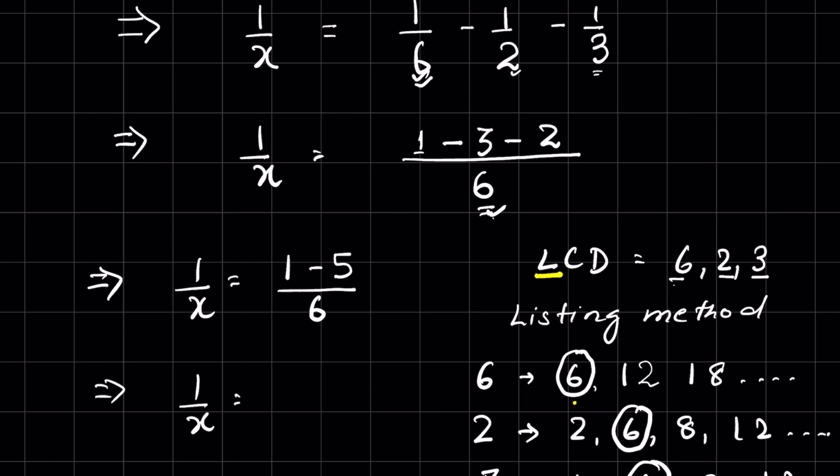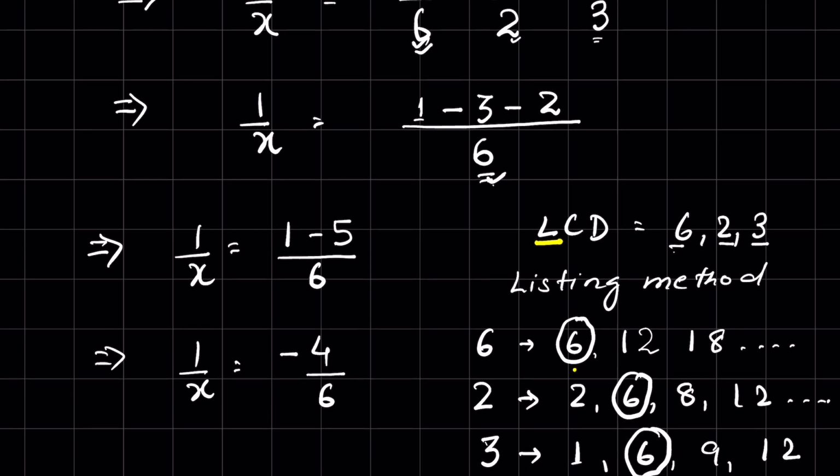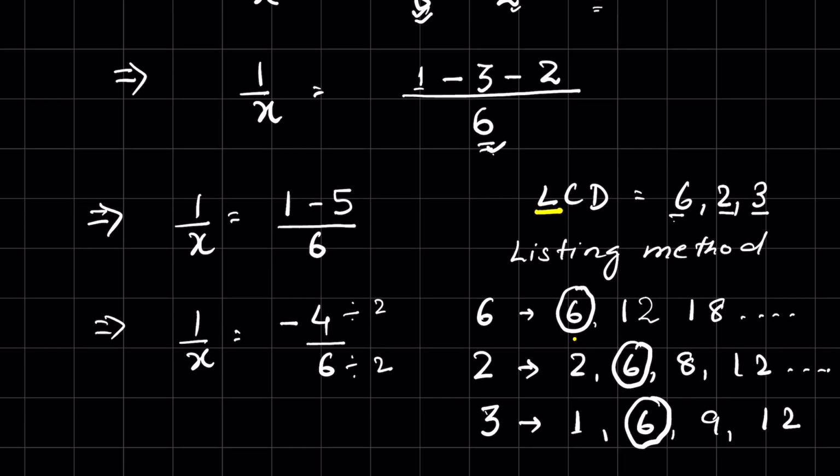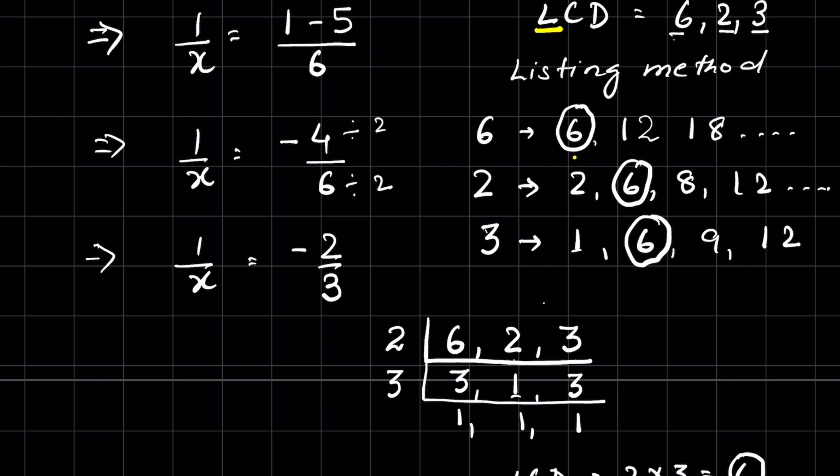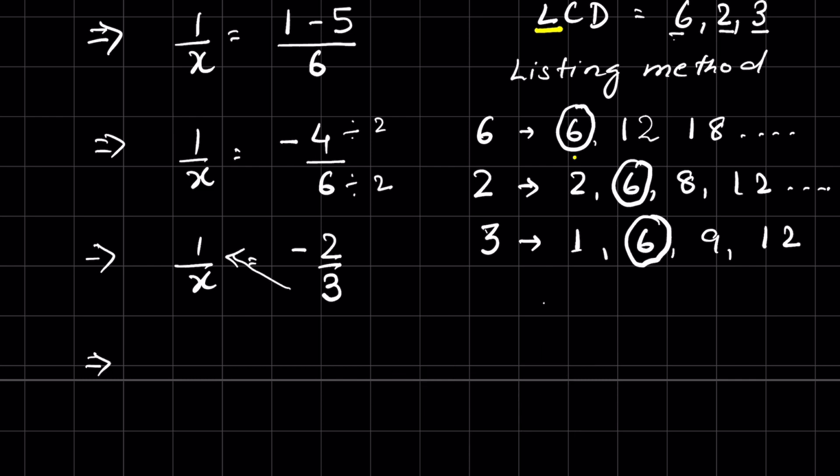Or 1 upon x is equal to 1 minus 5 will be minus 4 upon 6. Now divide both numerator and denominator by 2. So it will be 1 upon x is equal to minus 2 upon 3. Now we cross multiply it, then 3 will be multiplied to 1, x multiplied by minus 2.